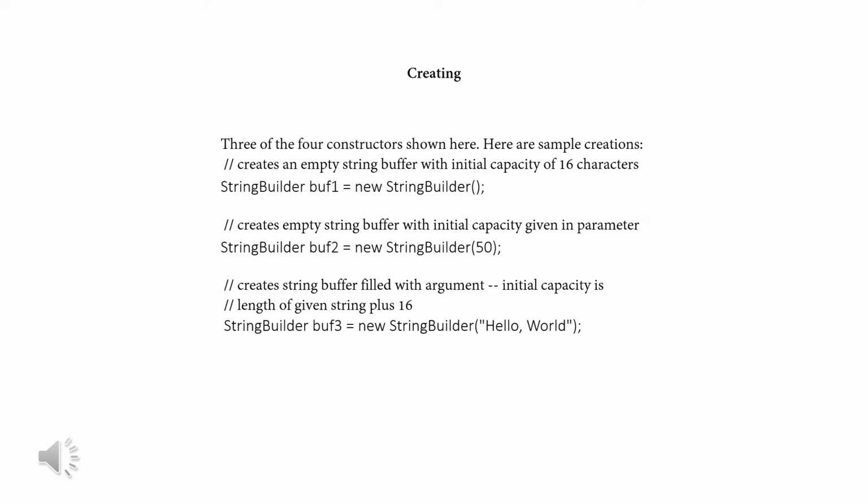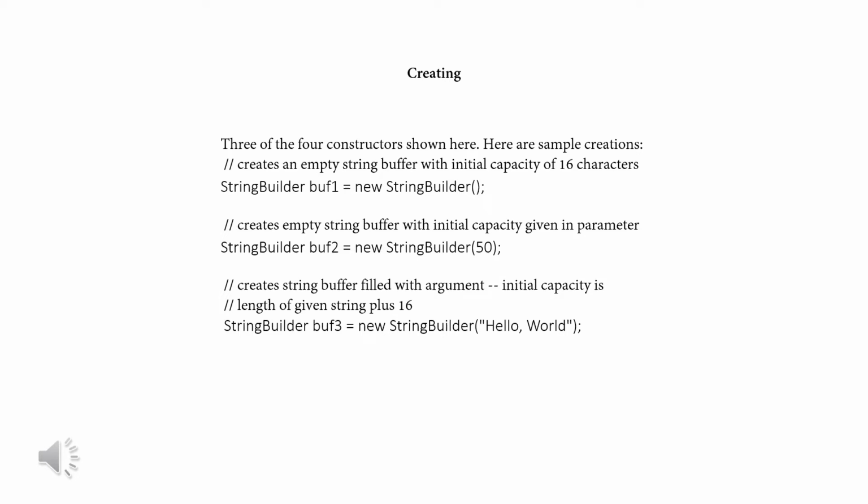Another way to create a string is, as you see here, StringBuilder buff3 be new StringBuilder("hello world"), right? As you see inside the parentheses, you have put in your string, right? So the initial capacity would be the length of this string plus 16. So these are three ways to create one string by using the StringBuilder class.